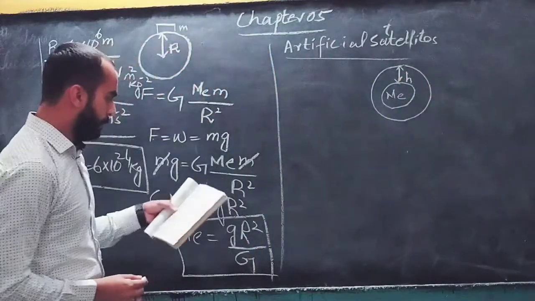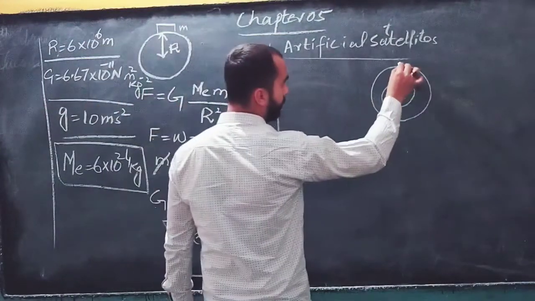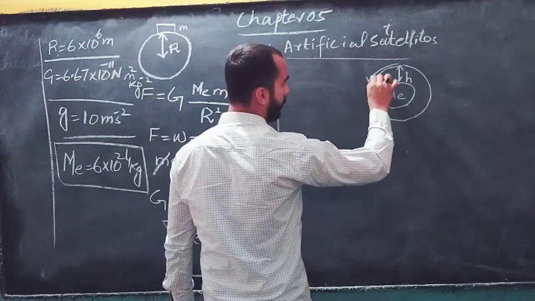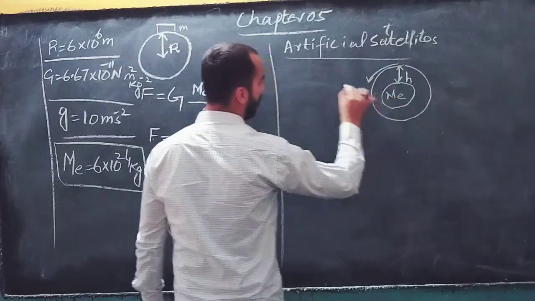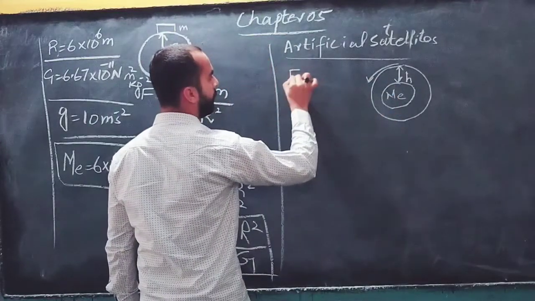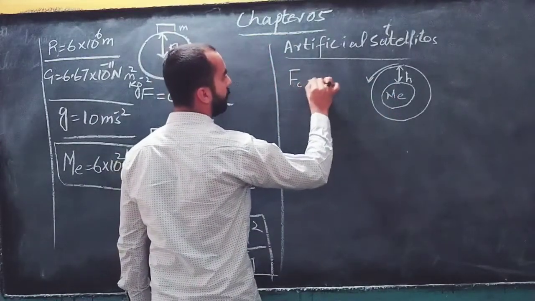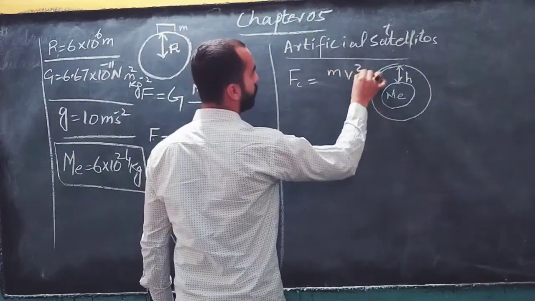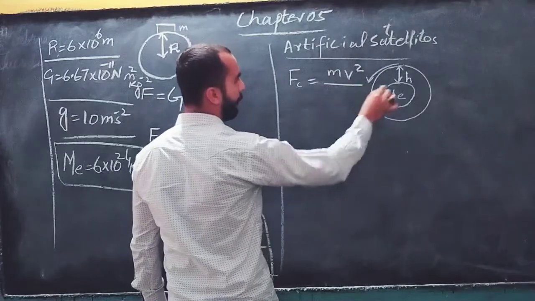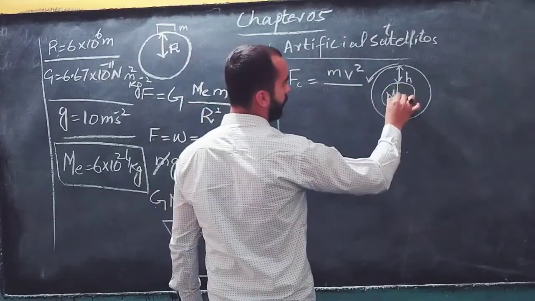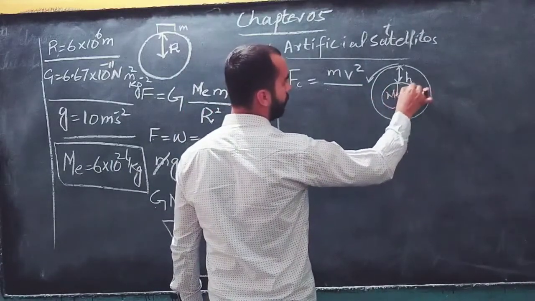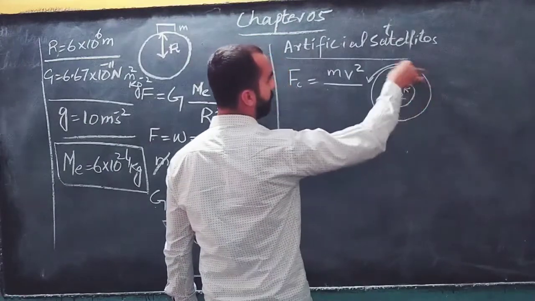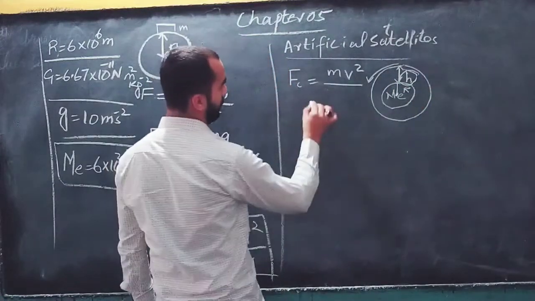As the satellite is moving in a circular way, it will have a centripetal force, and the formula is Fc is equal to mv square over r. R will be defined as the radius of the Earth plus the distance between the surface of the Earth and the artificial satellite.